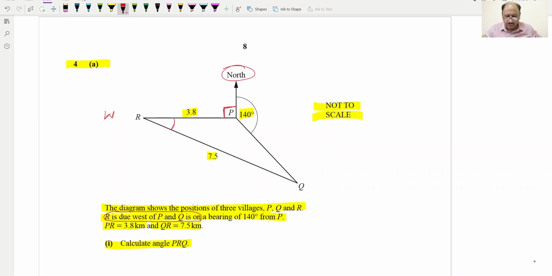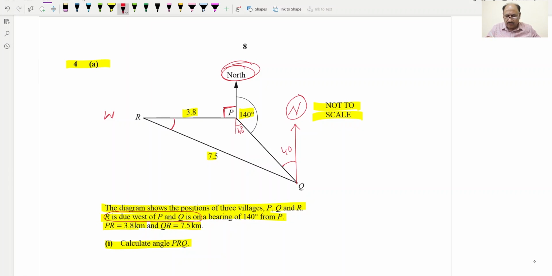Our strategy will be to draw north at Q. If we extend this a little, this will be 40 degrees, and this will also be 40 degrees, because the two north lines are parallel and the line PQ is intersecting them.